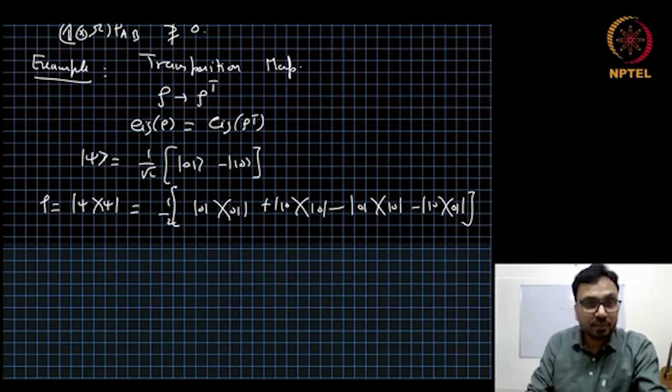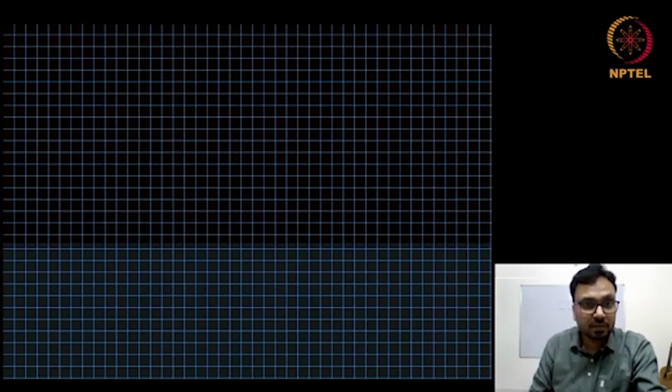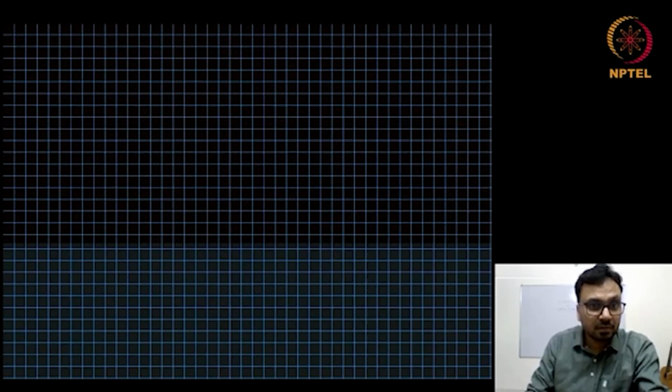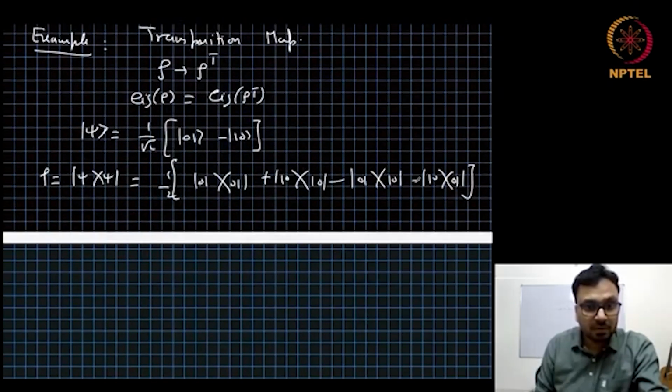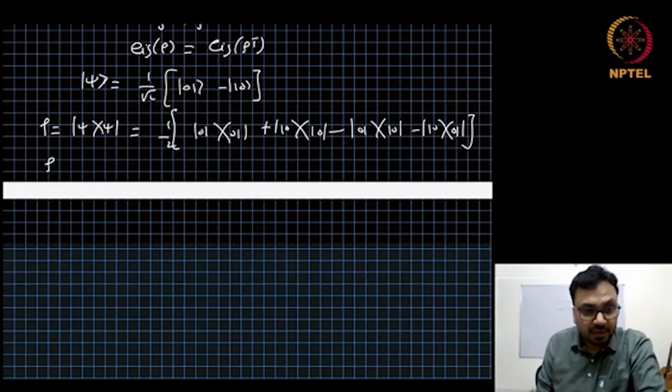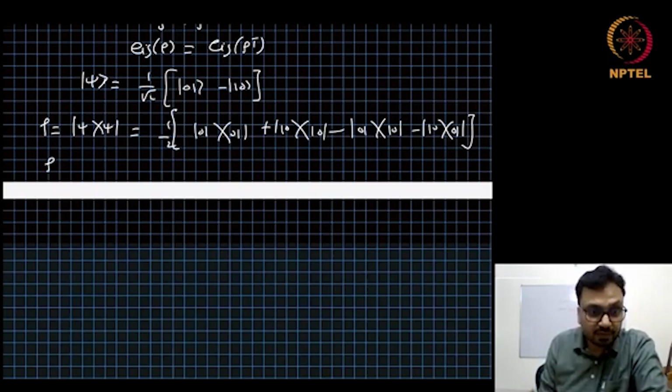Okay, so now we can apply transposition on the second part of it. So we have identity on the subsystem A and transposition on the subsystem B. It means first let us write rho as half.